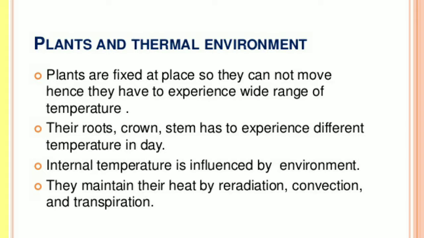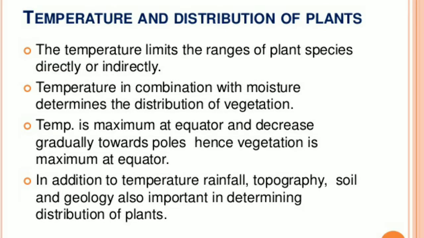So now we will see that the growth of vegetation depends on two factors, temperature and moisture. These two factors are the key factors in determining the growth of any kind of vegetation. It also depends on factors like slope and the thickness of soil.